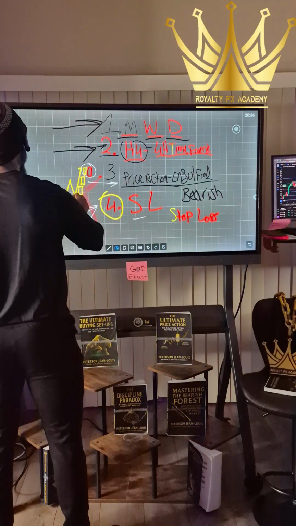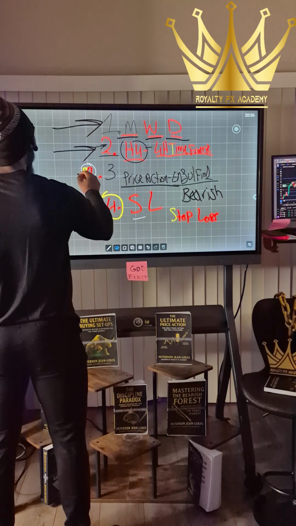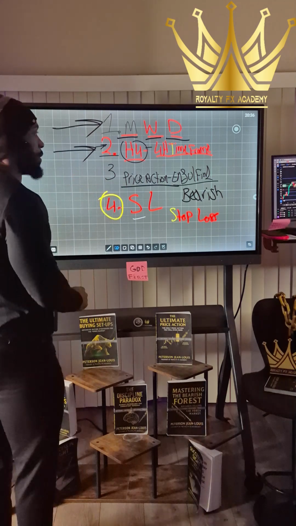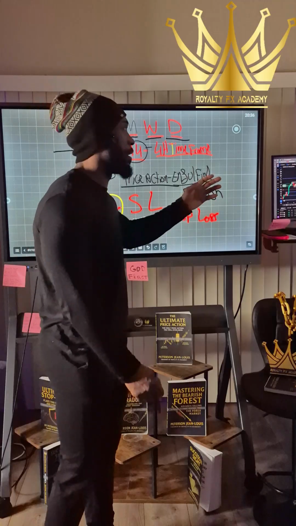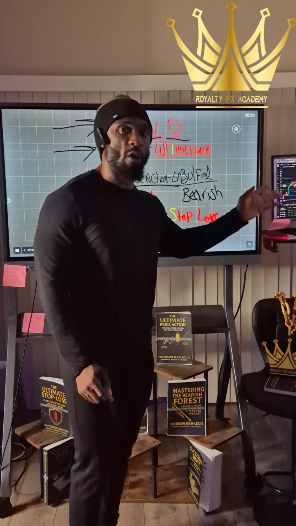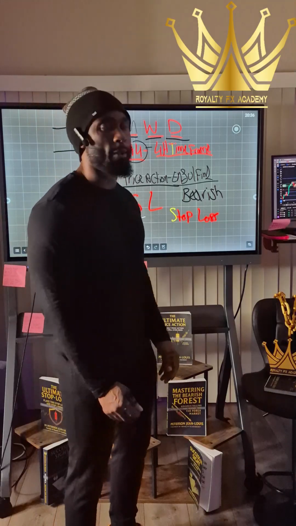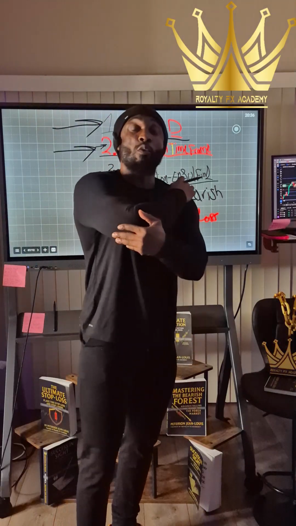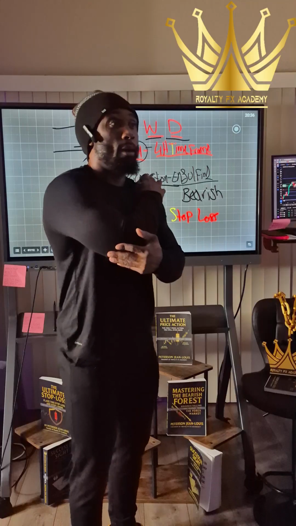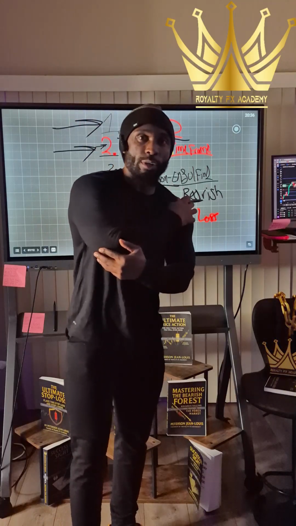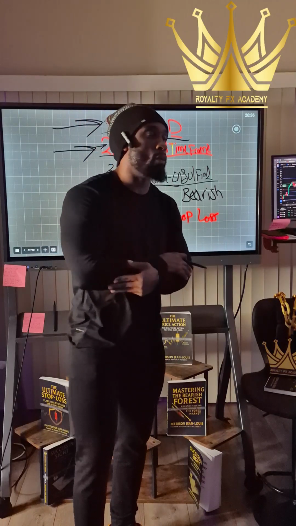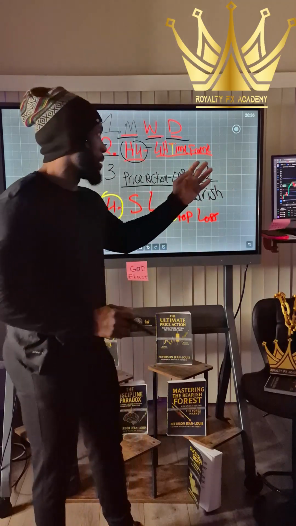A perfect example of that would be the GJ 4-hour bullish engulfing that I took yesterday at 1 p.m. Right now it's about 8:30 p.m., so a whole 24 hours has already passed, and I'm still good.